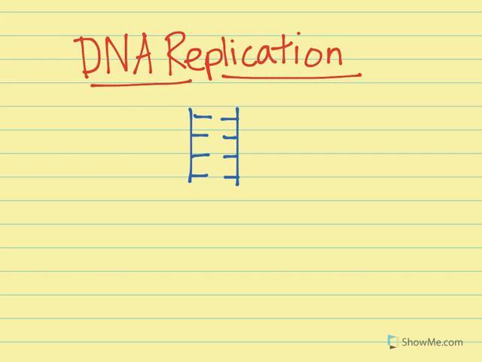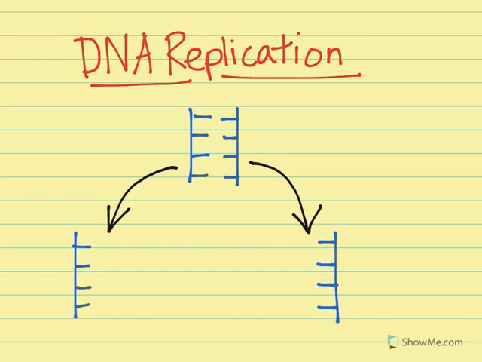Now, if we take this very, very short section of a DNA molecule, when it first begins to replicate, those two strands must first of all separate. And when they do separate, each of those strands acts as a template to produce another brand new DNA strand.